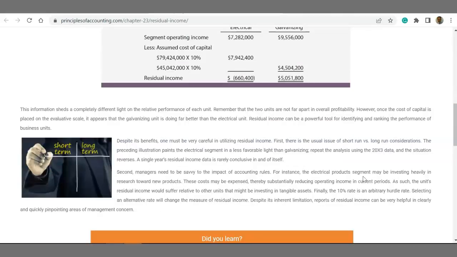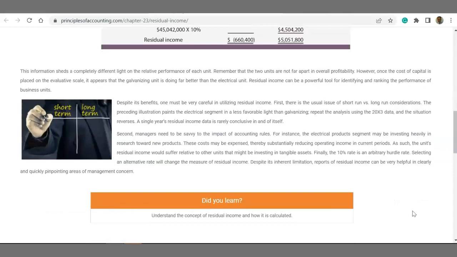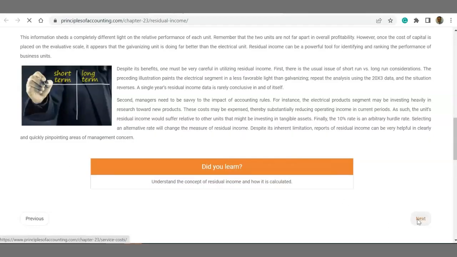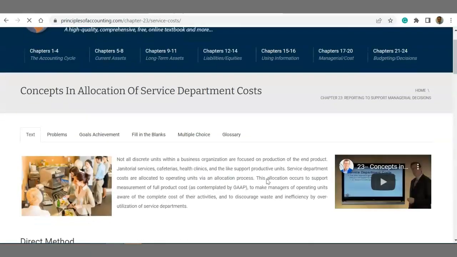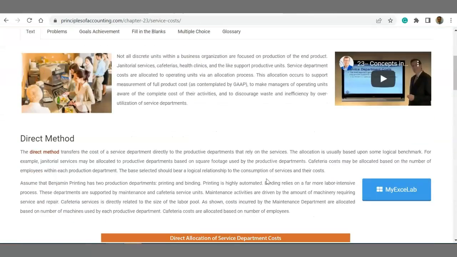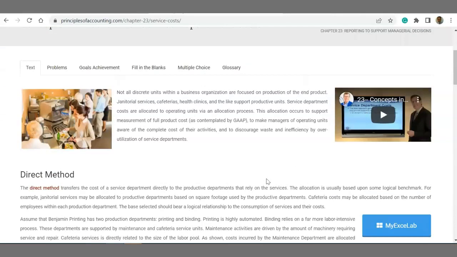Let's see what else we have here. Okay, so keep that in mind. You can read this yourself later on, obviously, but let's move on to the next and see if I can explain a little bit more. Okay, so you got the idea of residual income and two segments.